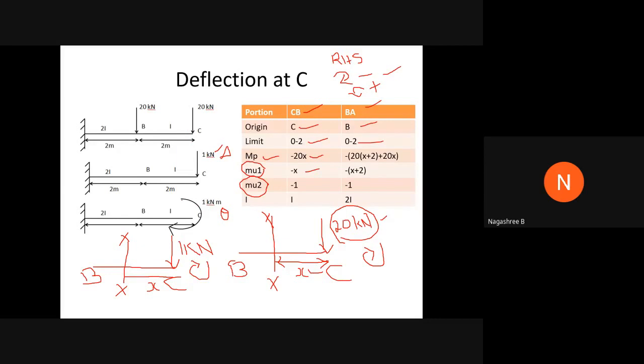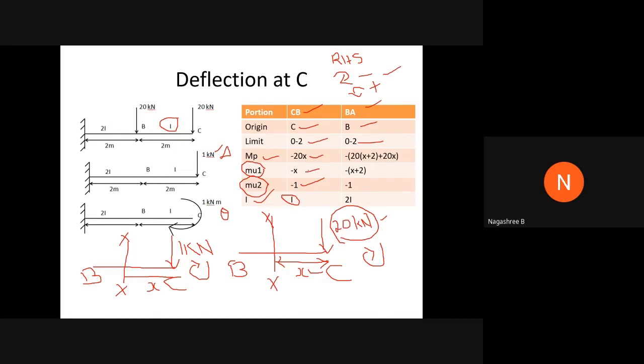So I have assumed the same direction for the unit magnitude. Since the moment itself is given, the direct value 1 is taken with the negative convention, because it is clockwise. Again, the I value for CB is I itself.